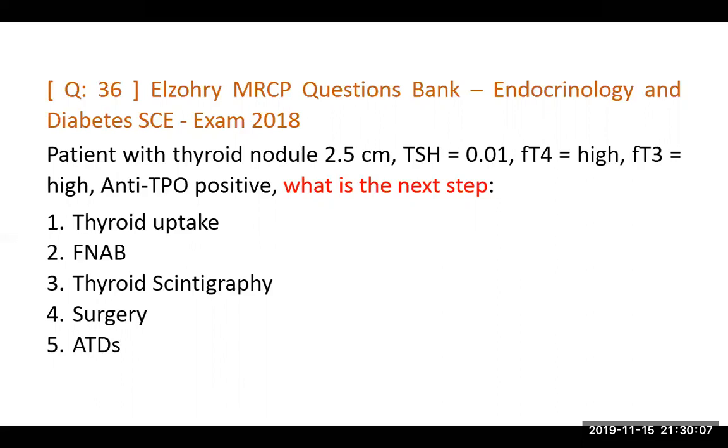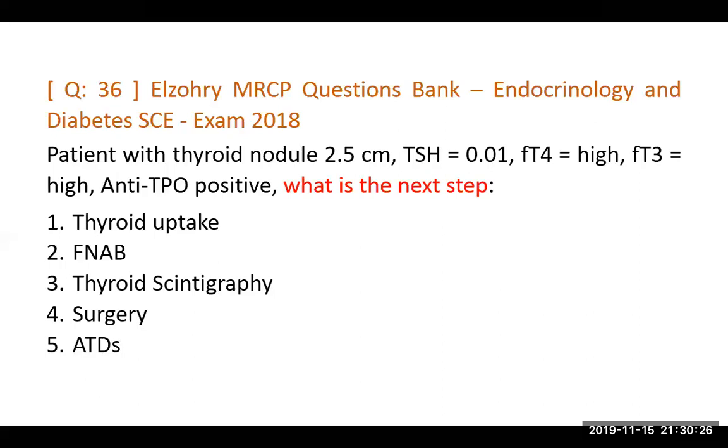But if we modify some words, for example, remove anti-TPO and say TRAB is positive, then we know that TSH is suppressed due to the underlying Graves' disease.